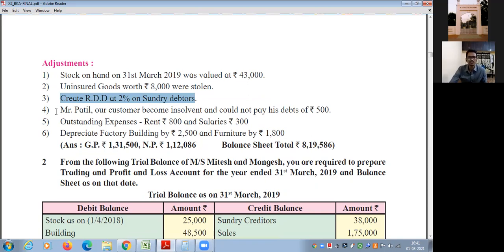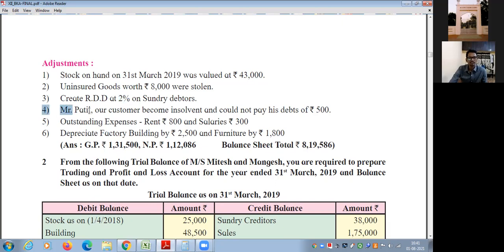So one of our customers, a buyer, a debtor, became insolvent and cannot pay the 500 which he borrowed from us. The goods were purchased on credit and now he is unable to pay the amount. So this 500 will be deducted first from the debtors. Then after that we have to charge this 2%.